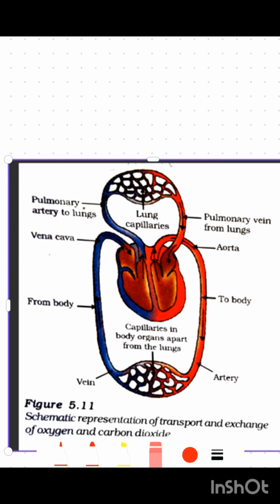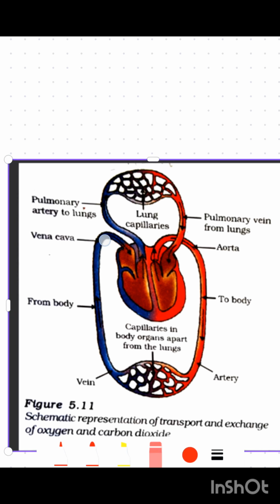In the lungs, we breathe and take in oxygen, right? So the deoxygenated blood there will be converted into oxygenated blood. The purpose of pumping was purification, that is, converting deoxygenated blood into oxygenated blood in the lungs.